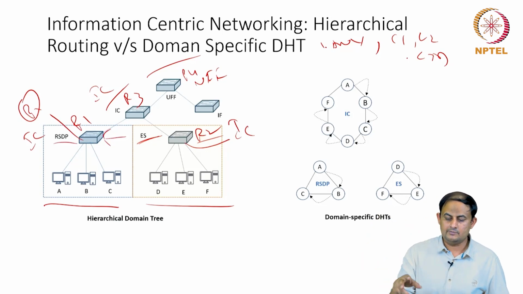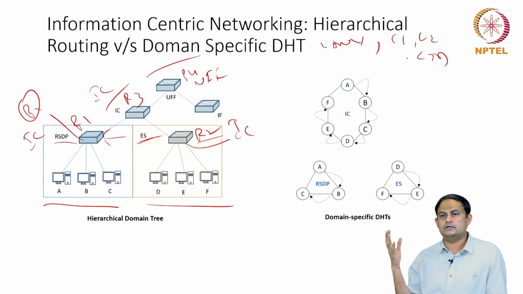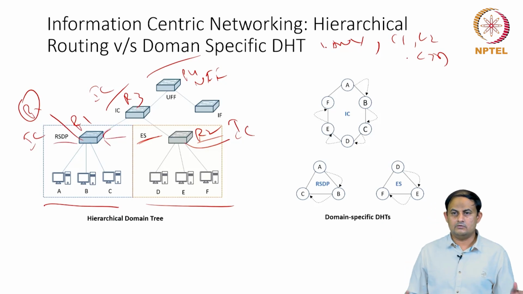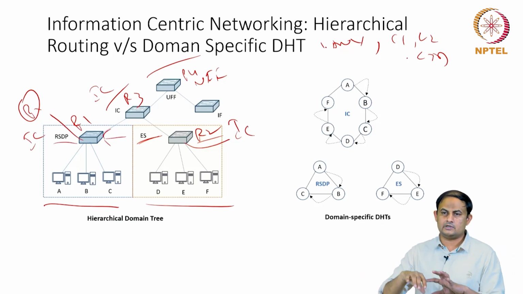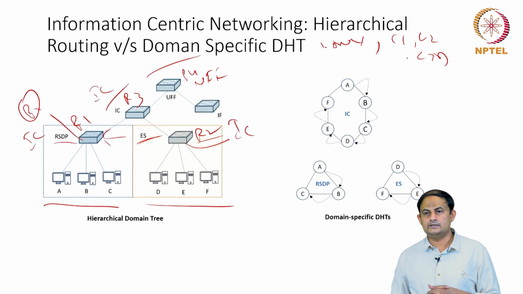Okay, A, B, C now currently have this content. A is nearer to me, so let me query A. If you cannot get the content from A, let me go to B and query something like that. So dynamically, a subset of the users in that network having the content will keep serving the other users in the network.